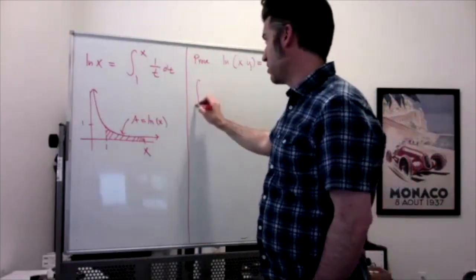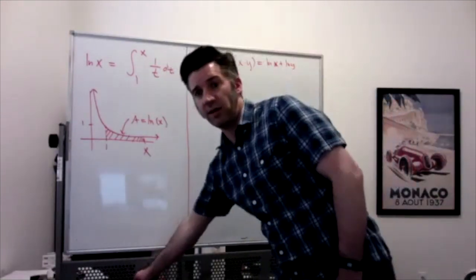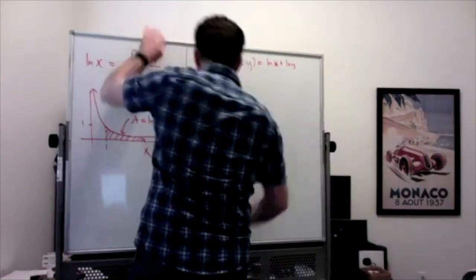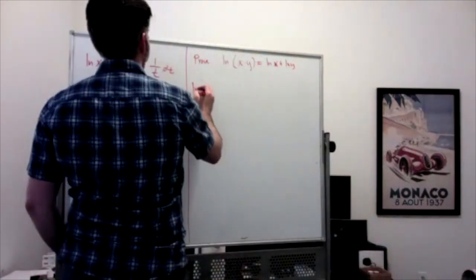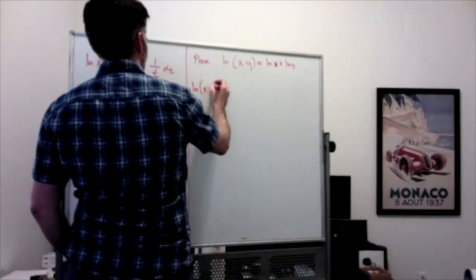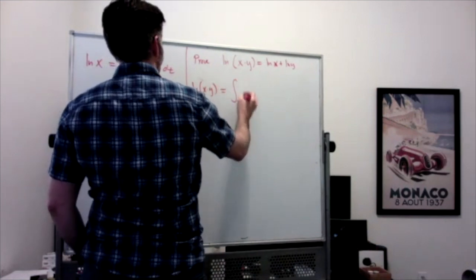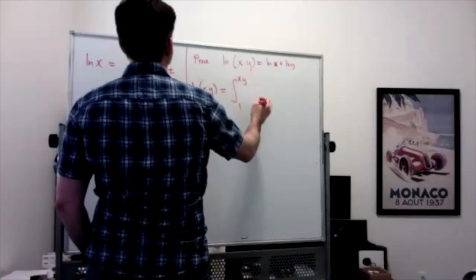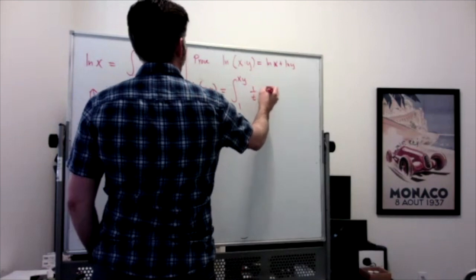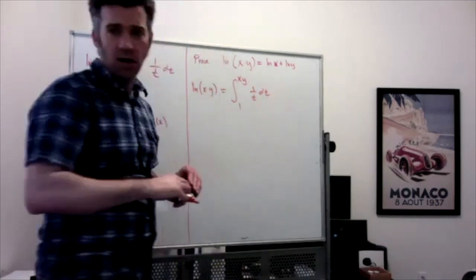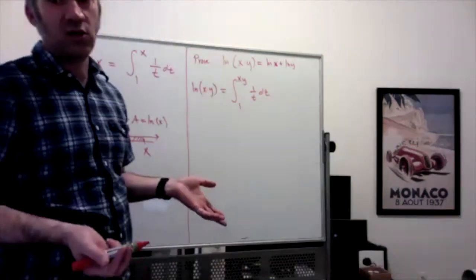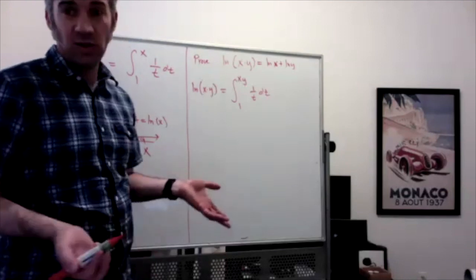The natural log of x times y equals the integral from 1 to x times y of 1 over t dt. Okay, so then we're going to do a u substitution.